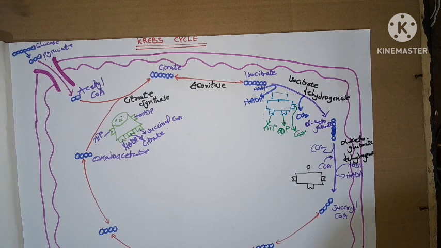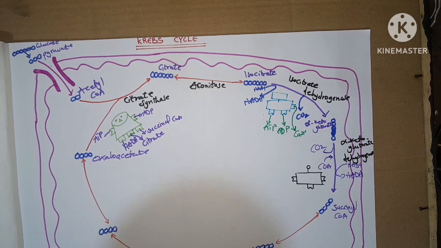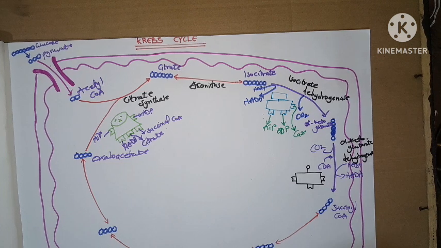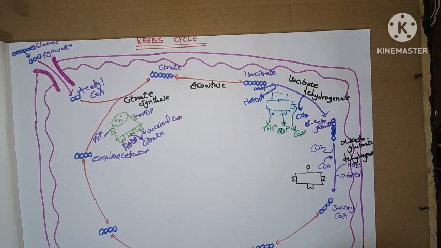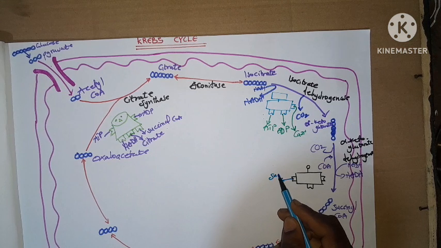And this enzyme, alpha ketoglutarate dehydrogenase, can be inhibited by succinyl-CoA. When there is too much succinyl-CoA, it can inhibit this process to avoid making too much of it. So let me do that.